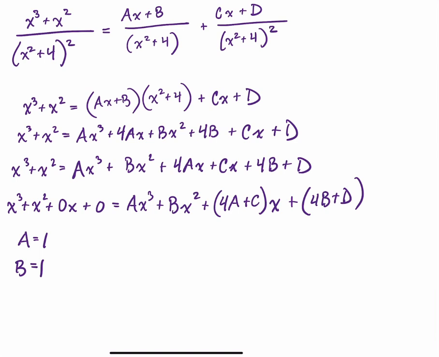Then we have 0 times x on the left side. And on the right side, we have 4a plus c times x. So that means 4a plus c should be equal to 0. We already know a is equal to 1, so 4 times 1 plus c should be equal to 0. Then subtract the 4 over, c should be equal to negative 4.